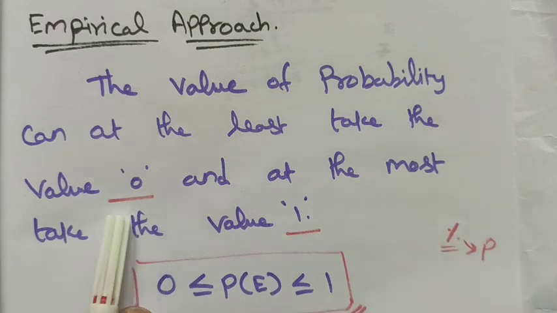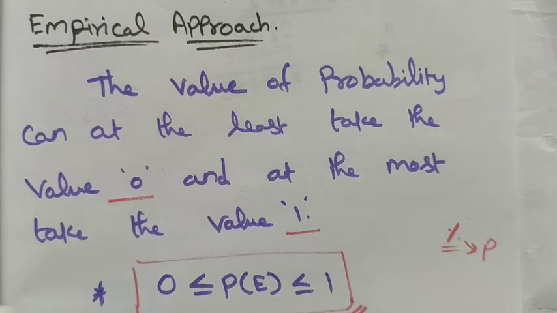Keep in mind, the probability is never a negative value and not more than 1. So this is the condition: 0 is less than or equal to P of E, less than or equal to 1.